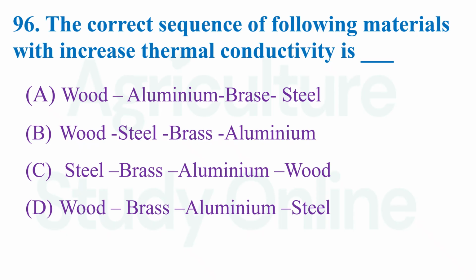Question 96. The correct sequence of following materials with the increased thermal conductivity is. So from low to high we have to see. So first will be wood because it is a very poor conductor. So option C, it gets cancelled.